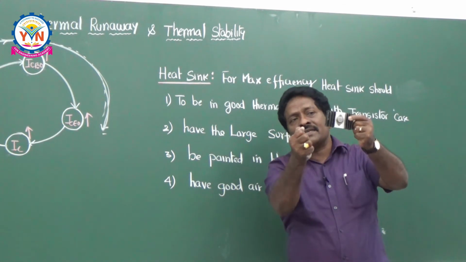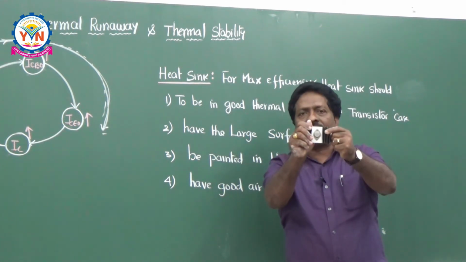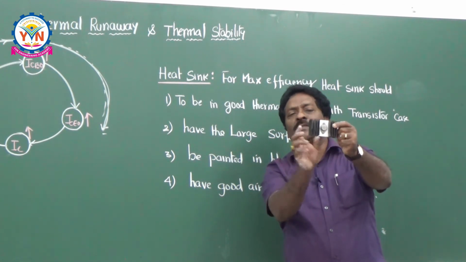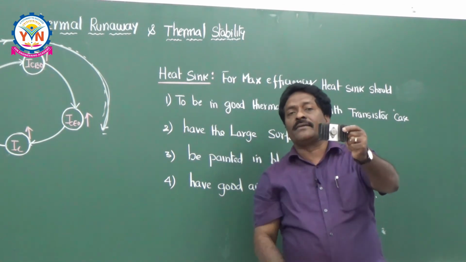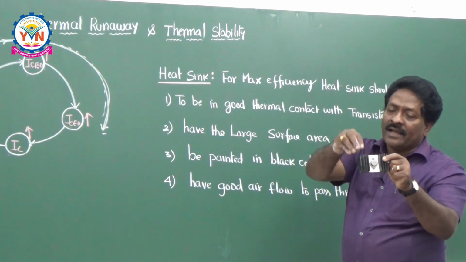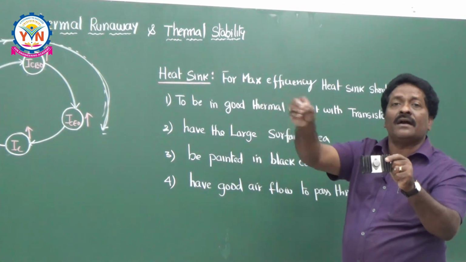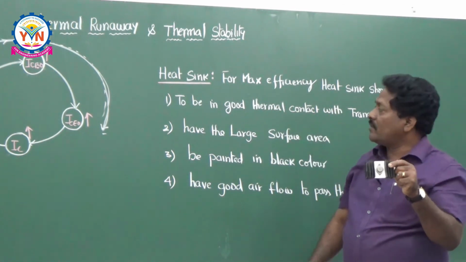For better conduction, you have to fit it perfectly. Then only the maximum heat will be given to this heat sink. Once the heat is given to the heat sink, it will go to the surroundings either by convection or conduction.